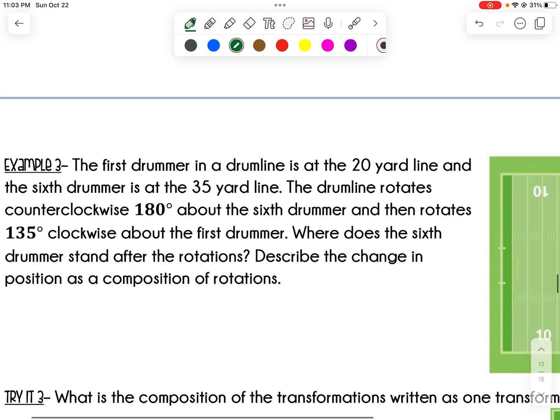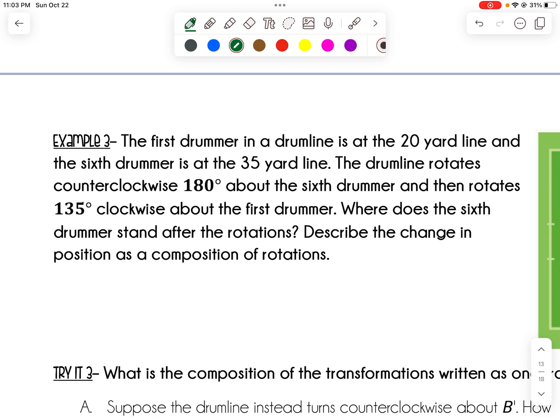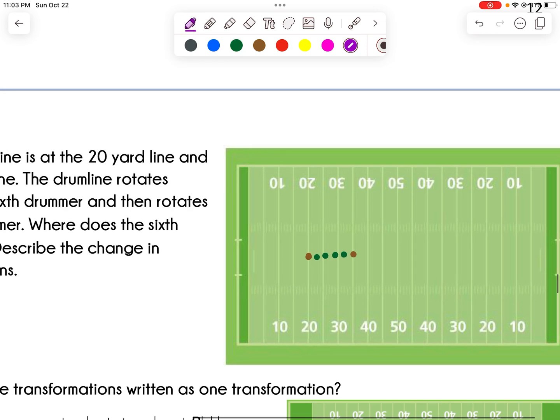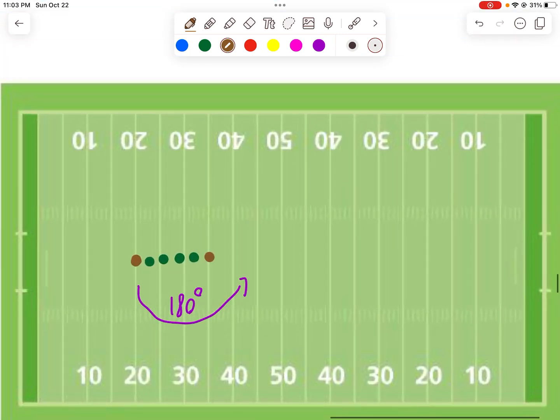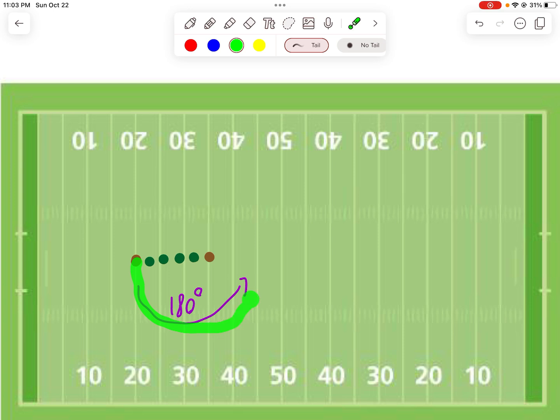Now, the drum line rotates counterclockwise 180 degrees. So we're going to go counterclockwise 180 degrees. Well, like I said, 180 degrees goes to the exact opposite side. And so I can just think about this and try to imagine this thing rotating around.